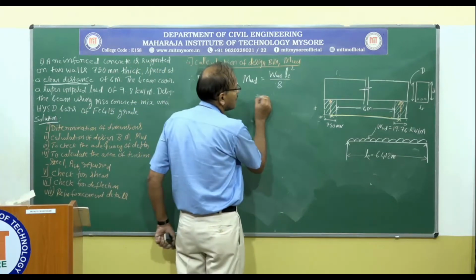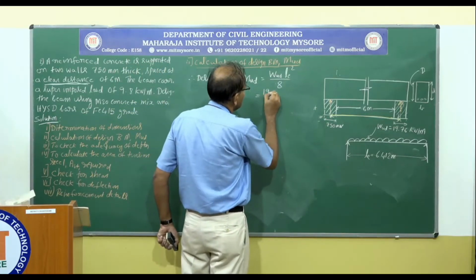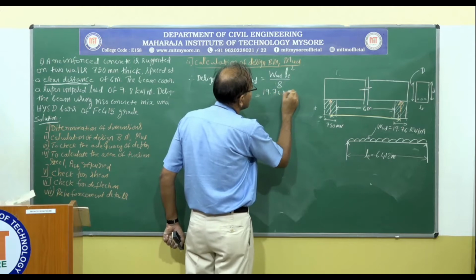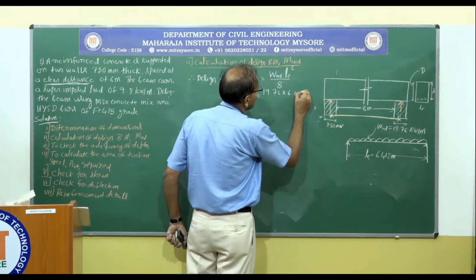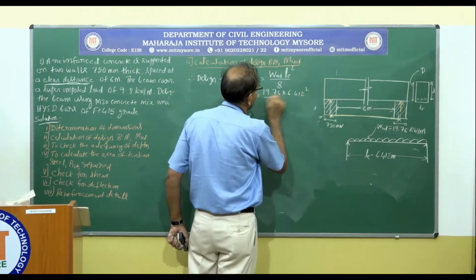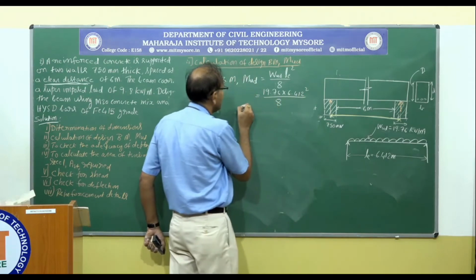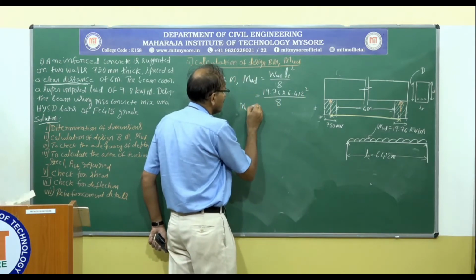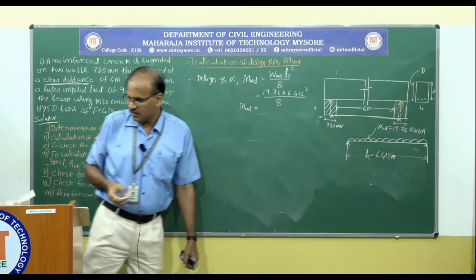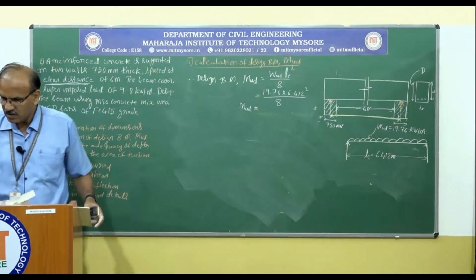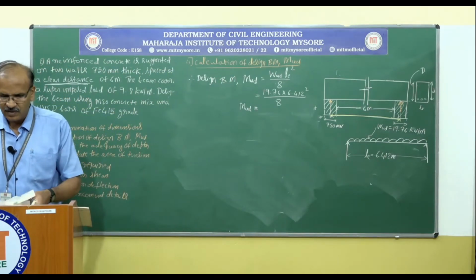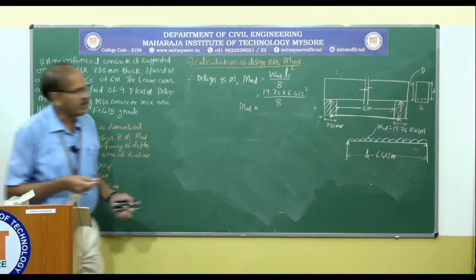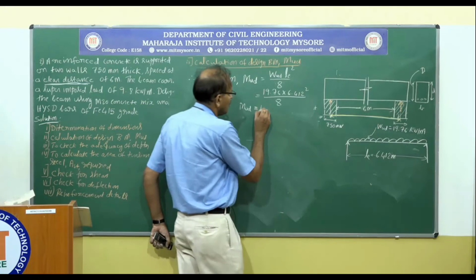So that is 19.76 into 6.412 square divided by 8, that is MUD equal to 101.55 kilonewton meter.